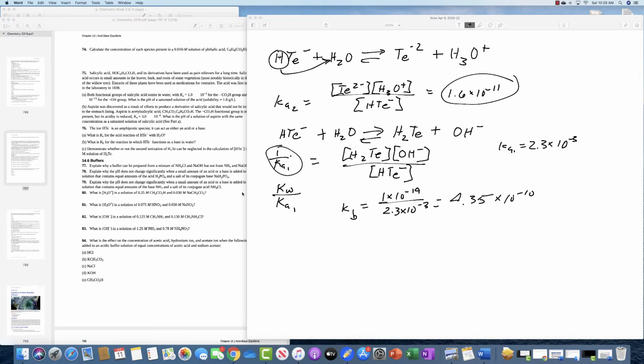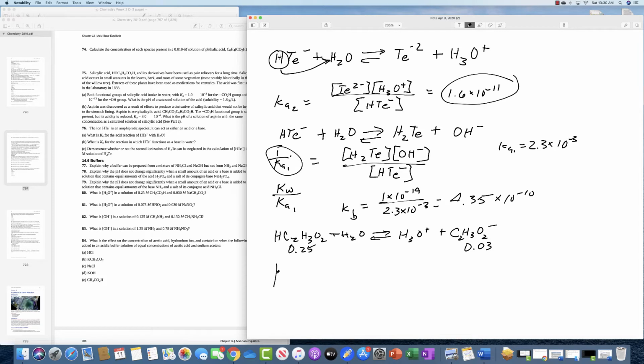So what we have here is acetic acid plus water goes to form H3O plus and acetate ion. And we have the concentration here is 0.25. Concentration here is 0.03.